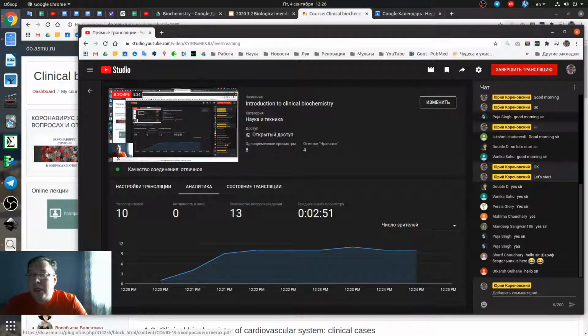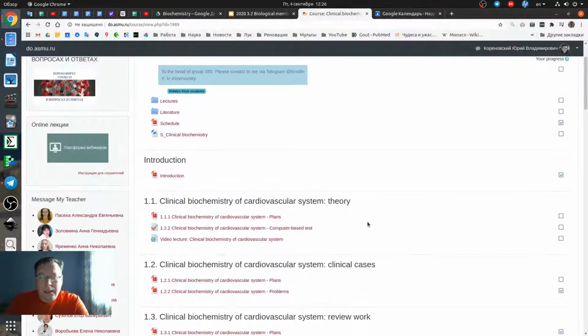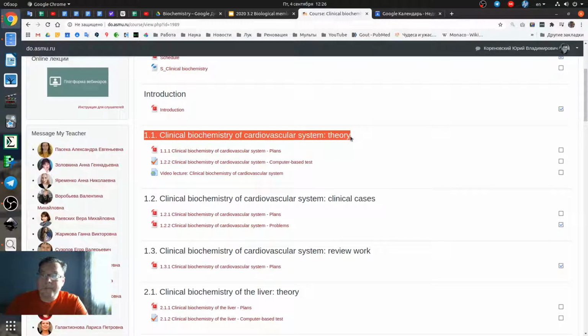So we will study the main five points of clinical biochemistry. They are clinical biochemistry of the cardiovascular system. This section is divided into subsections for the same lessons.